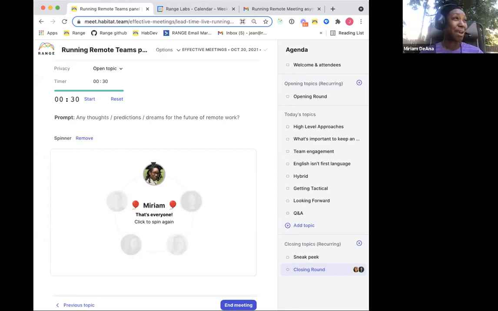I feel like everything's been said. I agree with what everyone is mentioning as far as hopes and aspirations. The only thing I would add is looking at it from a higher point of view. We're leaving the information age and going into the experiential age. And having more remote teams or remote-friendly teams, I think there are going to be hybrids.